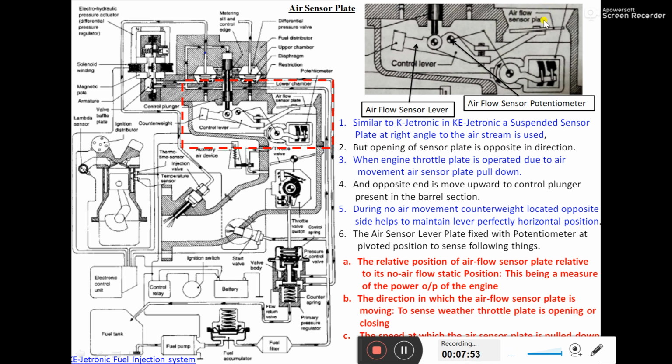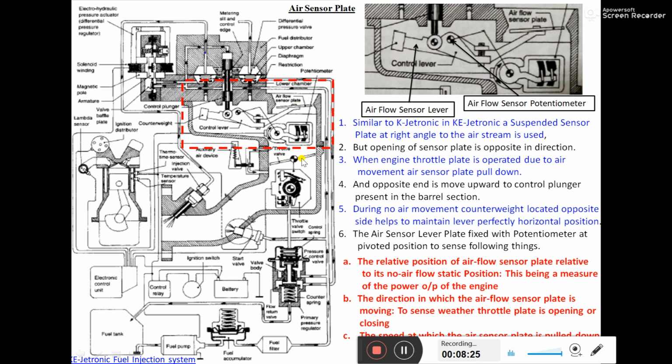But the throttle position is controlled by the driver. So the driver opens the throttle plate 90%, but the air sensor plate does not open 90%. That means something is different, something is faulty, and that can be understood by the ECU. Whenever air density is less, the opening of the air sensor plate is not directly proportional to the opening of the throttle plate.